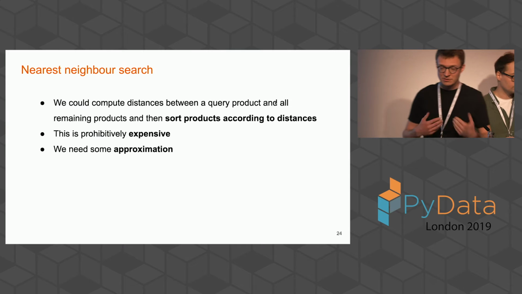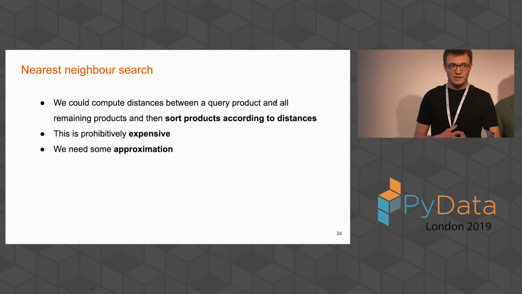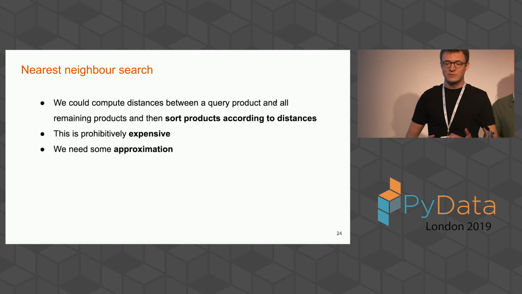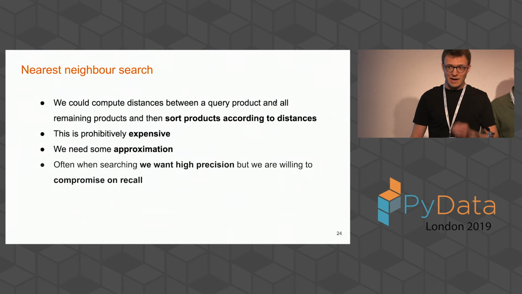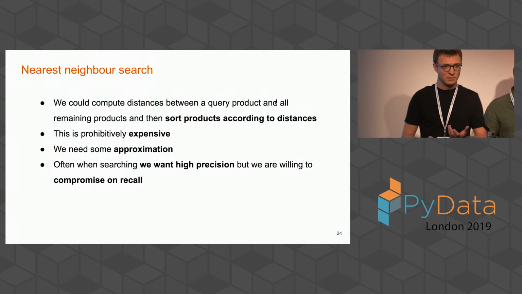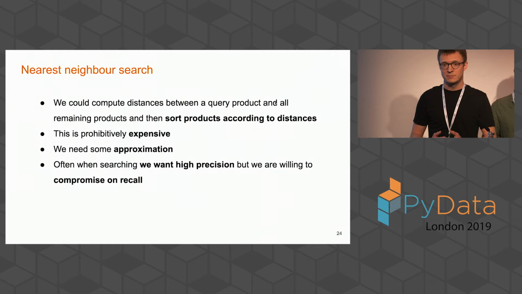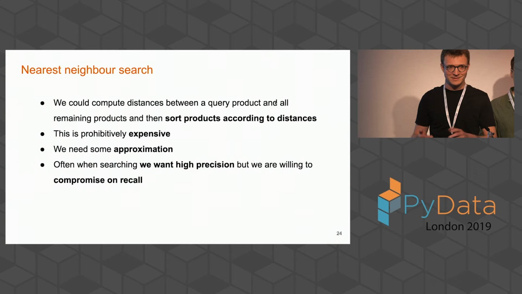And of course, approximation introduces some errors. Approximation is not as good as the exact method, or brute force search approach. But some types of errors are acceptable for us. What we care about is high precision of results. We can compromise on recall. There is a saying that what the eye doesn't see, the heart doesn't grieve over.